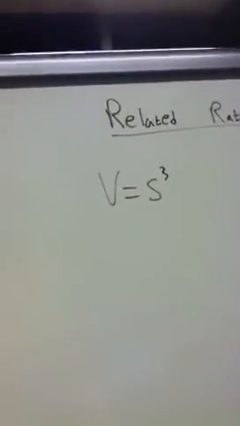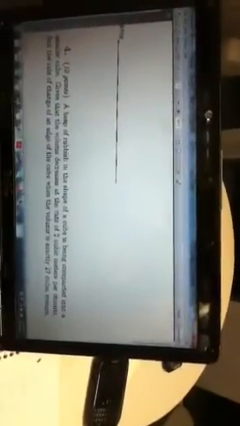Now, if you look at the problem again, you can see that it gives us a couple of givens, like the volume decreases at a rate of 2 cubic meters per minute. And it asks what the rate of change of the edge of the cube is when the volume is exactly 27 cubic meters.